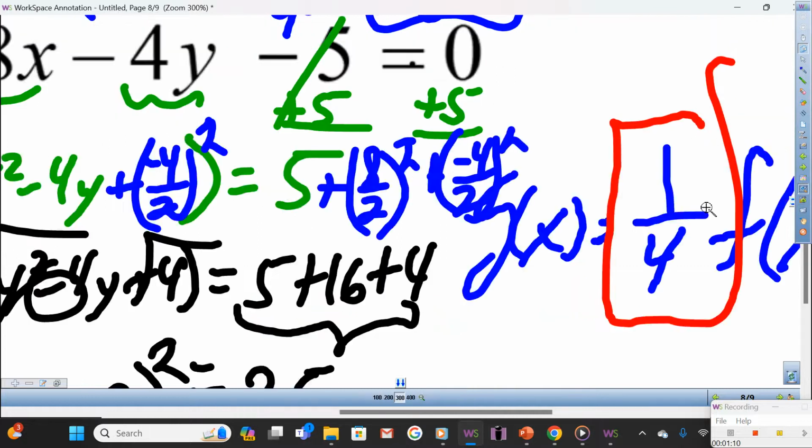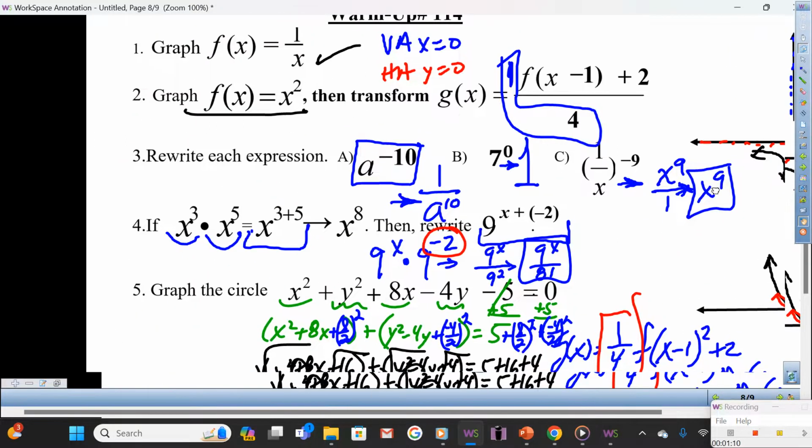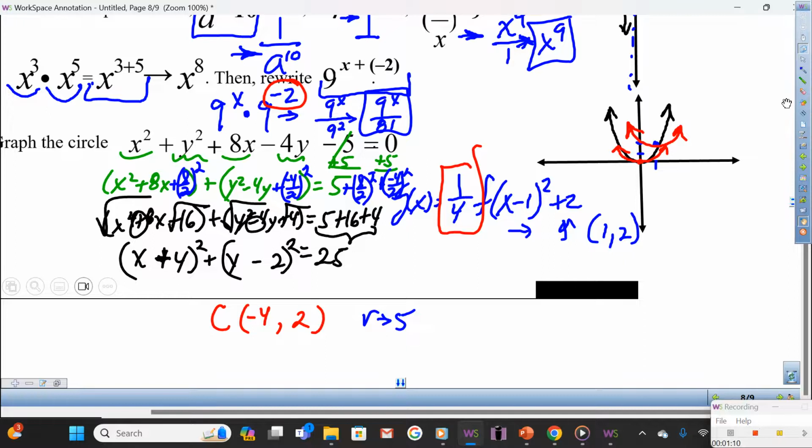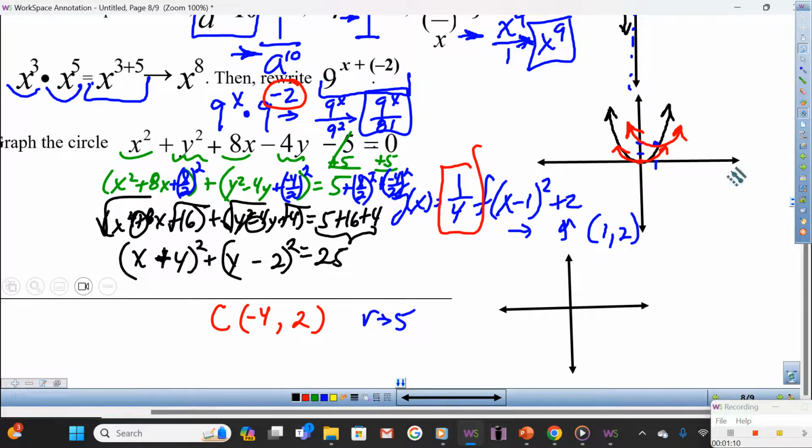All right, let's graph that. Let's see how this looks. Make some space. All right. We got negative 4, 1, 2, 3, 4, and positive 2.